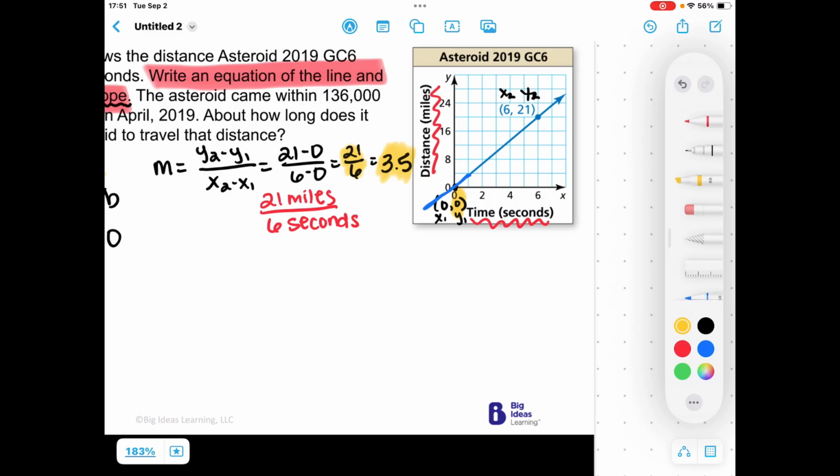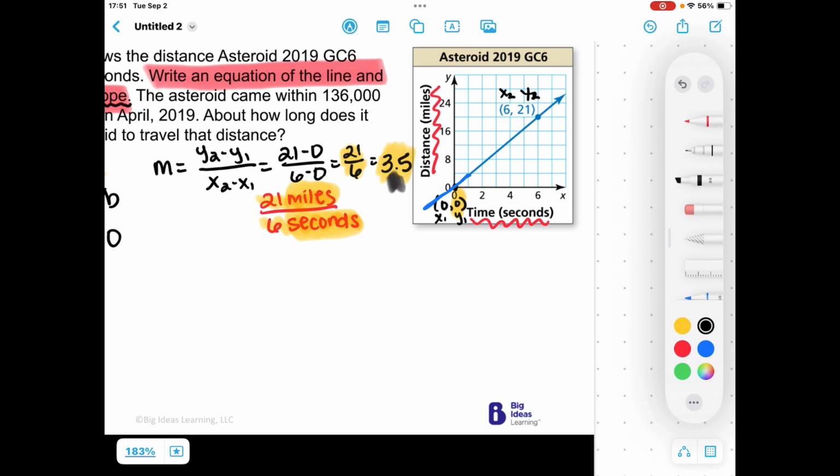Your rise over run will always be y over x. If y is in miles, then the top number will be in miles. Since x is in seconds, your bottom number is going to be in seconds. So even though it simplifies down to 3.5, this represents that every 6 seconds, the asteroid's going 21 miles.